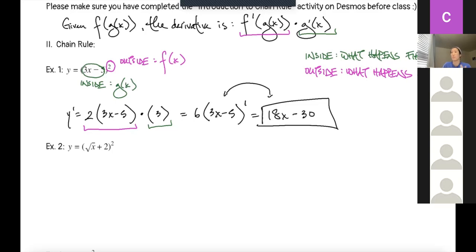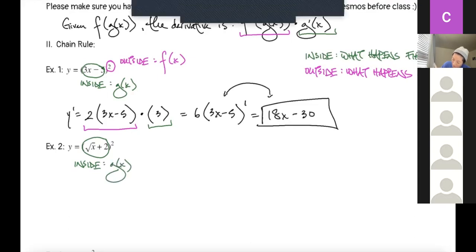Or rather, someone walks up to you on the street, says, here's this function. What are you going to plug in first for x? Yeah, exactly. So we've got this as our inside function.